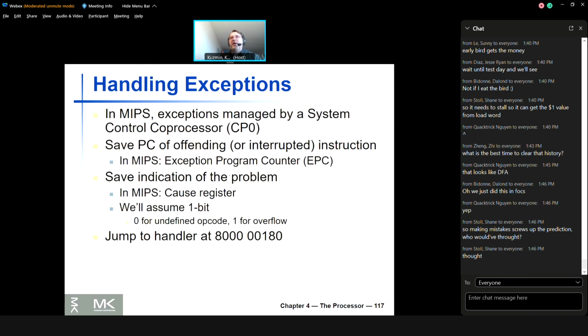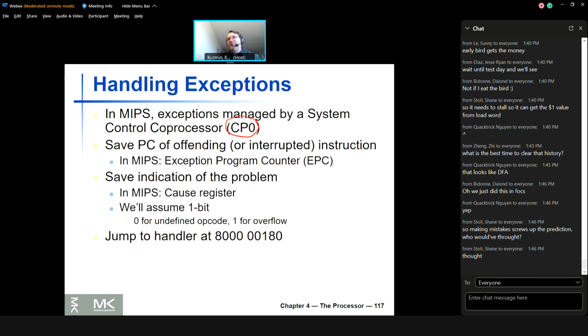And exceptions are managed by yet another coprocessor, which we call CP0. Remember, we also dealt with CP1, which was responsible for floating points. CP0 is the coprocessor that is responsible for handling exceptions. So when we have an exception, the control flow will change to the handler of that exception.